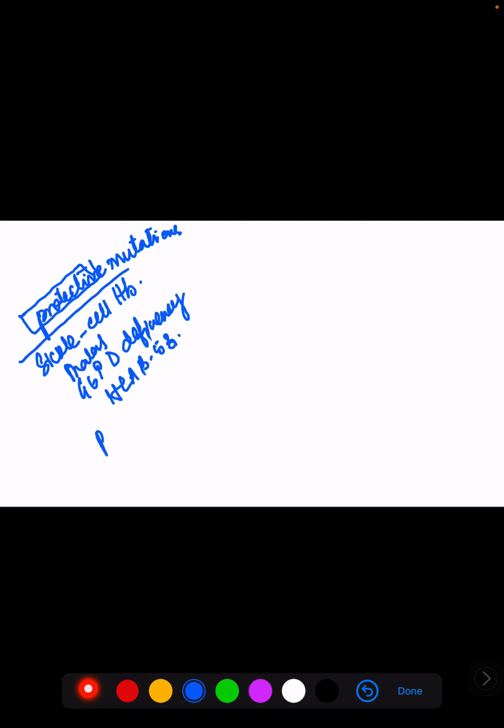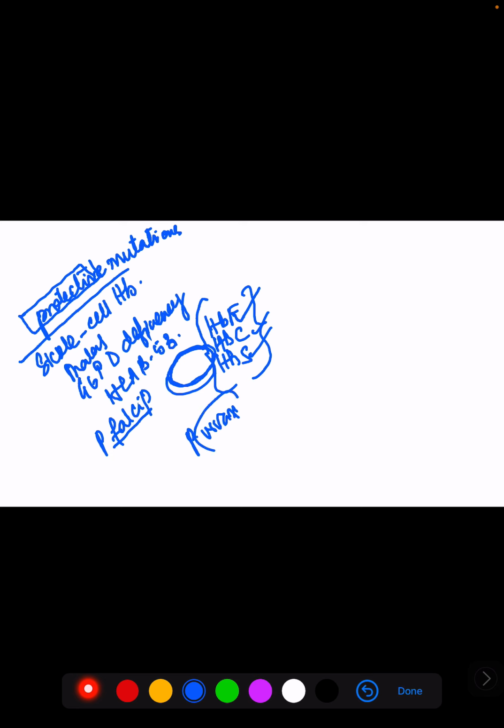Plasmodium falciparum does not grow well in red cells containing hemoglobin F, hemoglobin C or hemoglobin S. And Plasmodium vivax cannot enter red cells which lack the Duffy blood group.